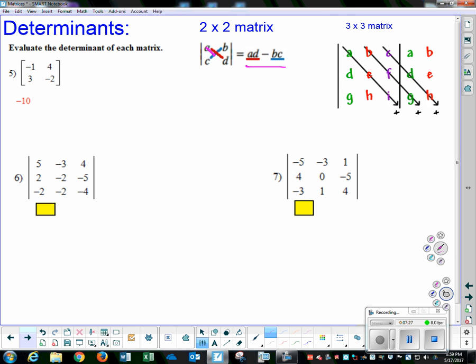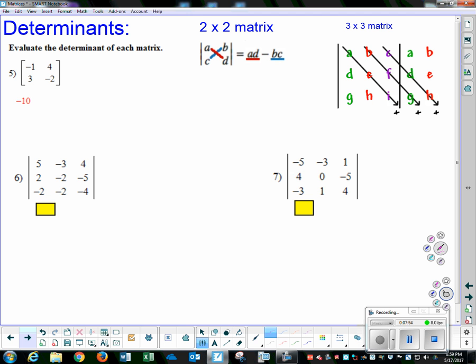I take A times D minus C times B. So start in the upper left-hand corner, that's your first diagonal, and that will be your first product that you write down. And then you minus the other diagonal. So I kind of think of it as this, and then come back across, but you can do it however you want.